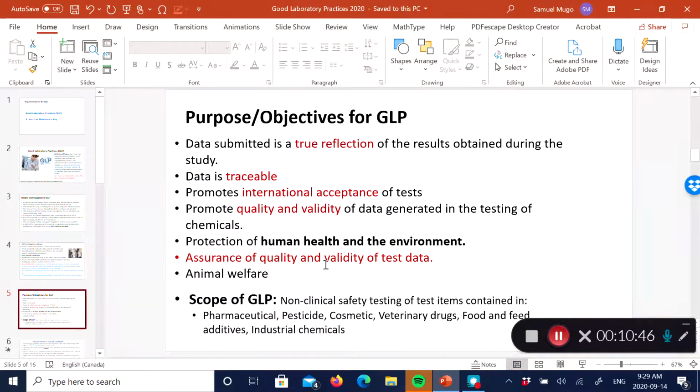Take note of this, the scope of the GLP involves companies that are working on pharmaceutical products, cosmetics, pesticides, food and feed additives, industrial chemicals and so on. That's why I said, chances are if you end up working in a company, you would be forced to abide by the GLP, the good laboratory practices. The key thing: lab notebook, clear documentation of your data.